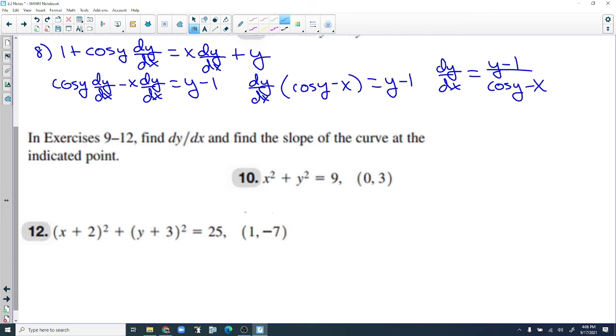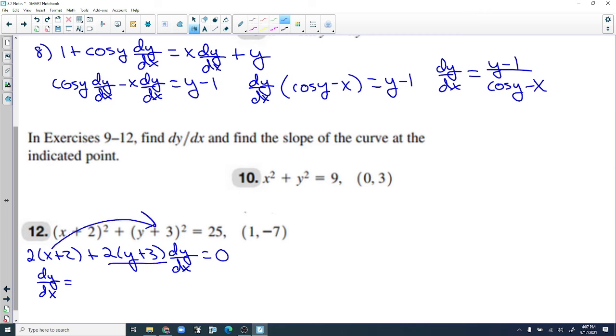Find dy/dx and find the slope of the curve at the indicated point. Let's do number 12. So we have 2 times x plus 2 times y plus 3, but then times dy/dx is equal to 0. dy/dx is equal to, we're going to minus this over and divide by that one.